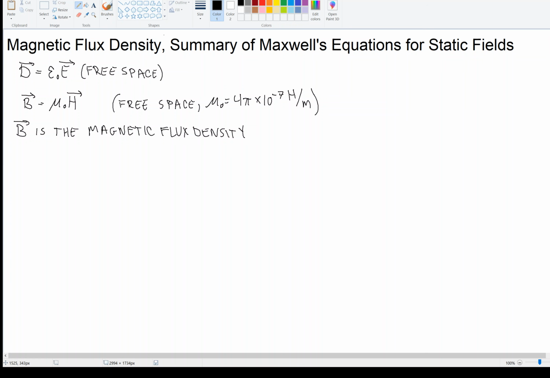And we're going to call this constant mu 0 the permeability of free space. Okay, so it is constant, it's positive, so that makes the magnetic flux density B in the same direction as H. It points in the same direction, parallel.